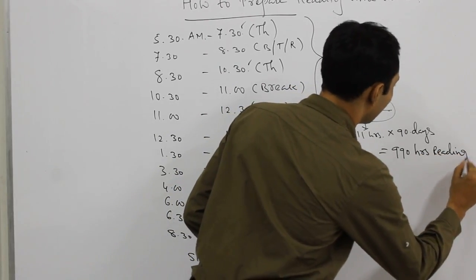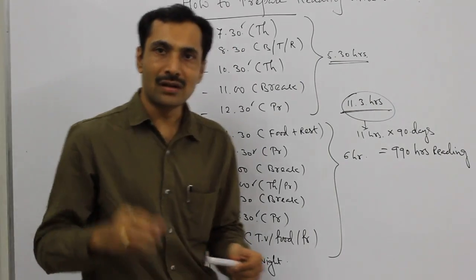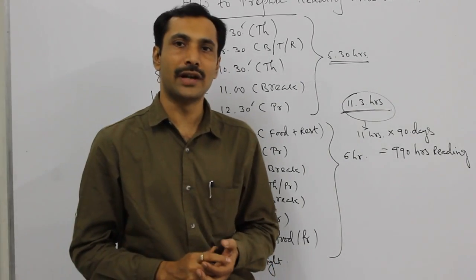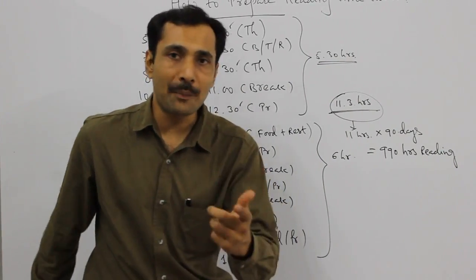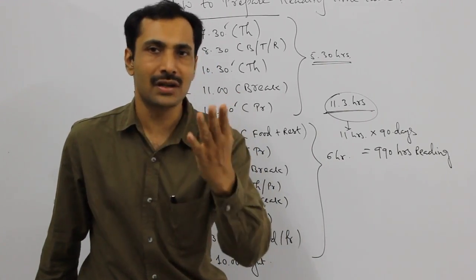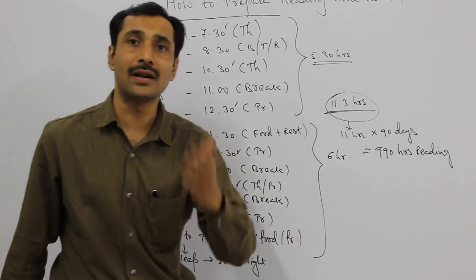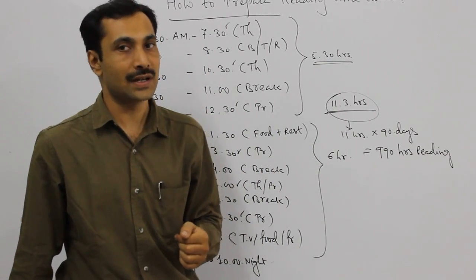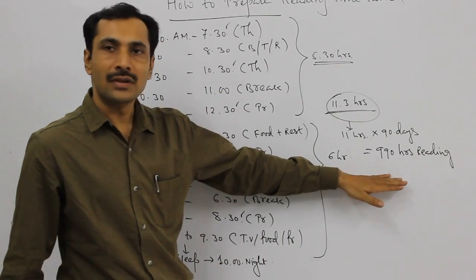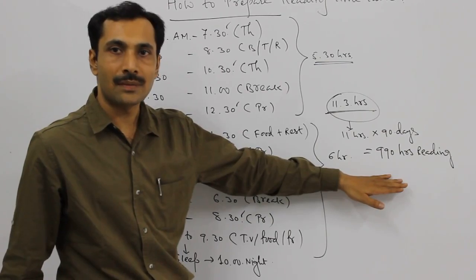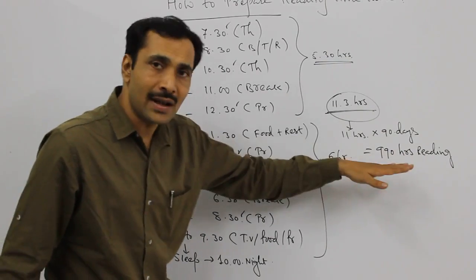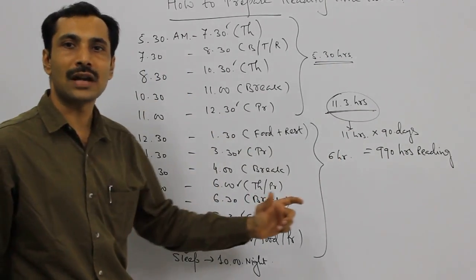In my opinion, once you go through 900 hours of effective reading, even if you are appearing for both groups, whether for CA IPCC, CA final, CWA or CS, it is in line with the requirement. But for these 90 days, strictly follow the timetable.